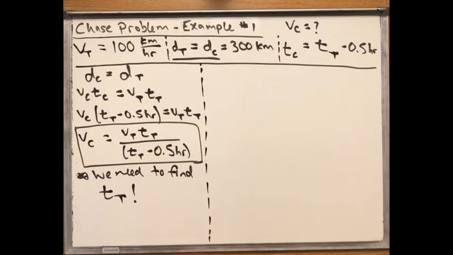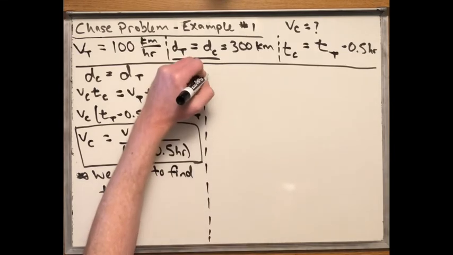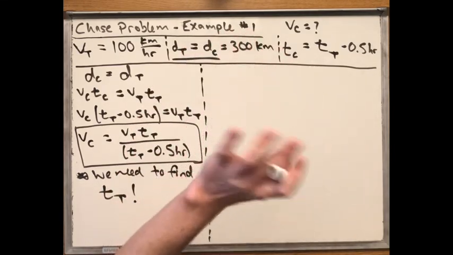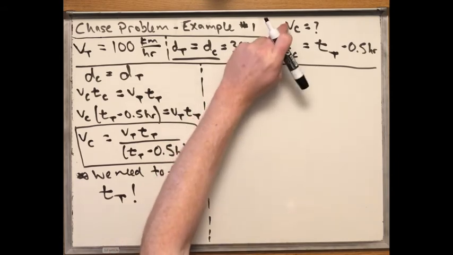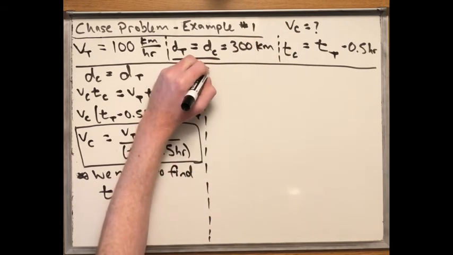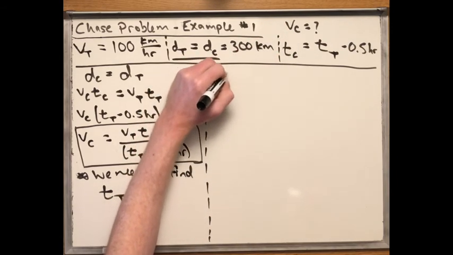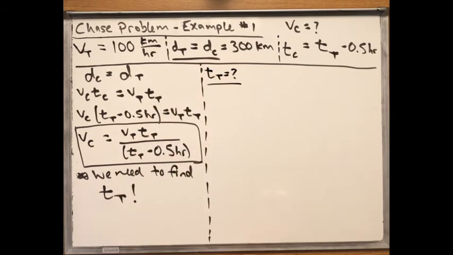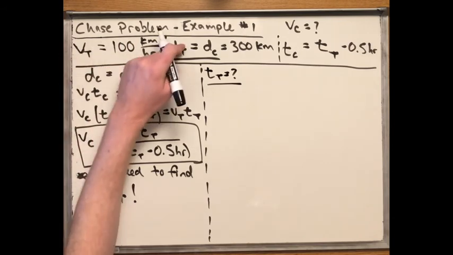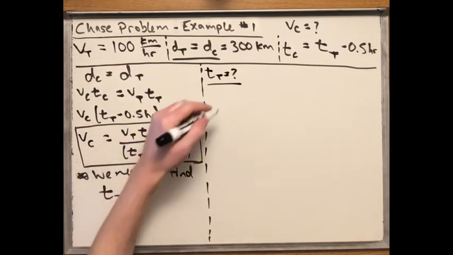The reason why we have enough information to do that is because they gave us the distance traveled by the thieves. So I'll just write here, you don't need to show multiple unknowns. That's the thing they're asking us to solve for, but just so we can keep track of it, the time for the thieves is going to be able to be solved for using the velocity of the thieves and the distance the thieves travel.